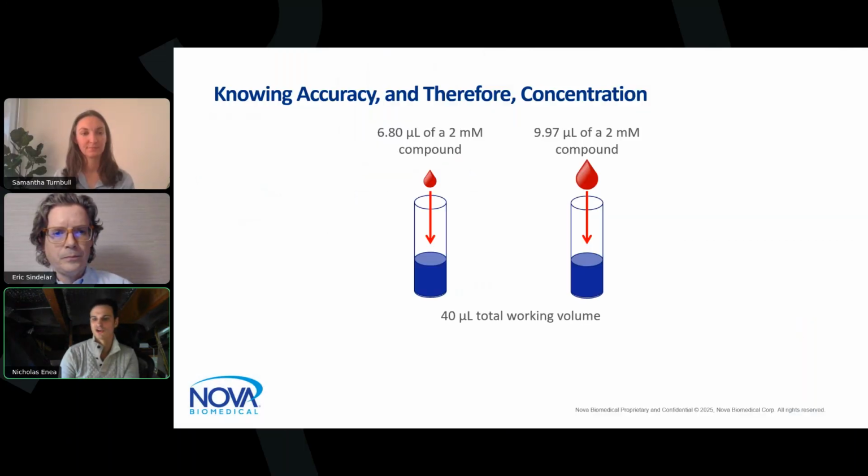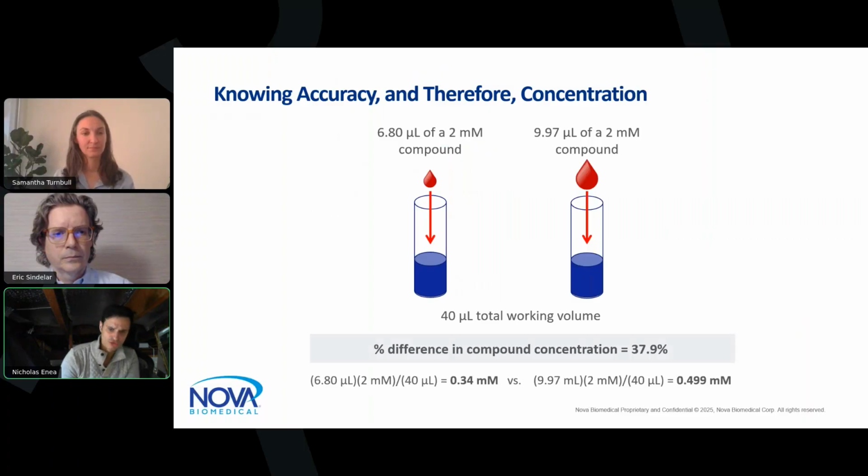So, when it comes to compound management, for those of you on this call that work in this, there's compound volume, there's working volume of what you're putting your compound in for your library. If we think about a couple separate steps, right? Let's say we add 6.8 microliters of our 2 millimolar compound versus 9.97 microliters of our 2 millimolar compound.